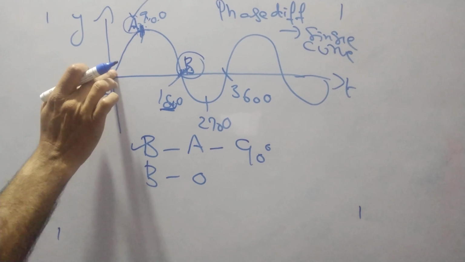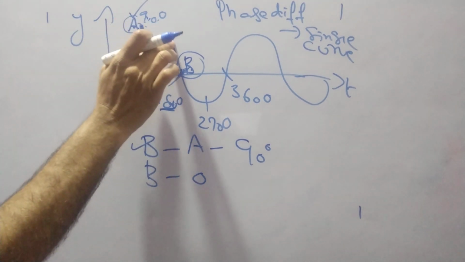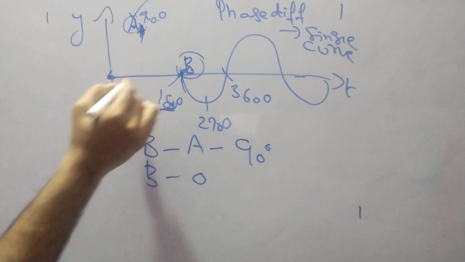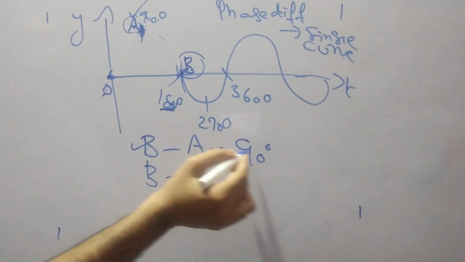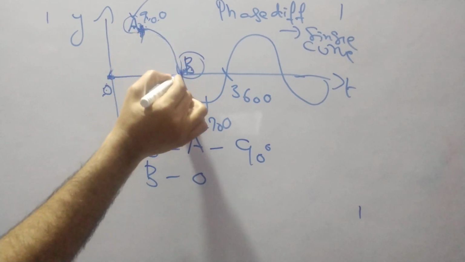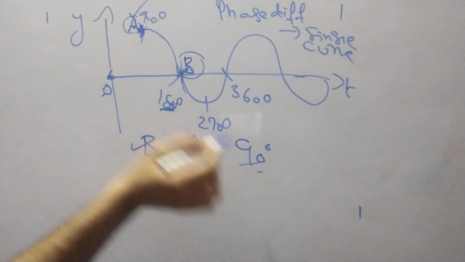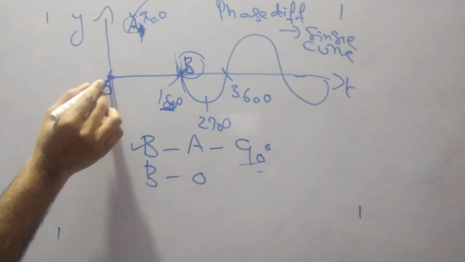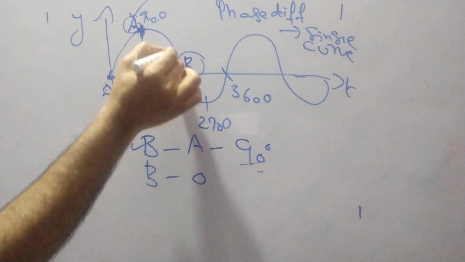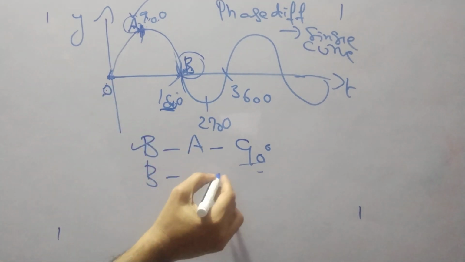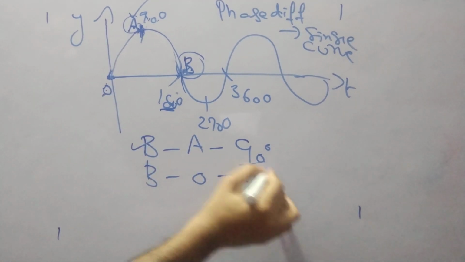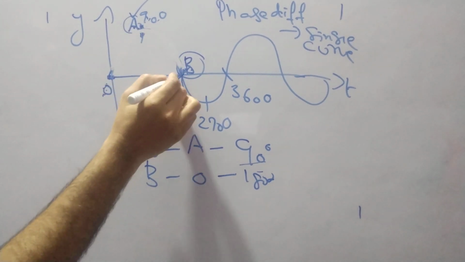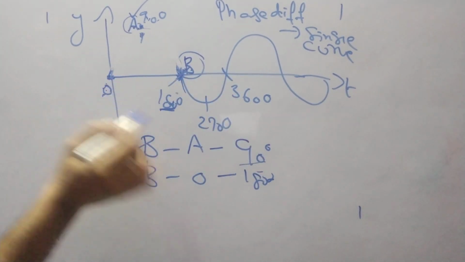So the meaning of this is that your curve's starting point is this one, so it is out of phase. You are defining with A, so it is out of phase of 90 degrees. If this is not there and you want to define with O, 180 minus 0 is 180, which means the curve is out of phase of 180 degrees.